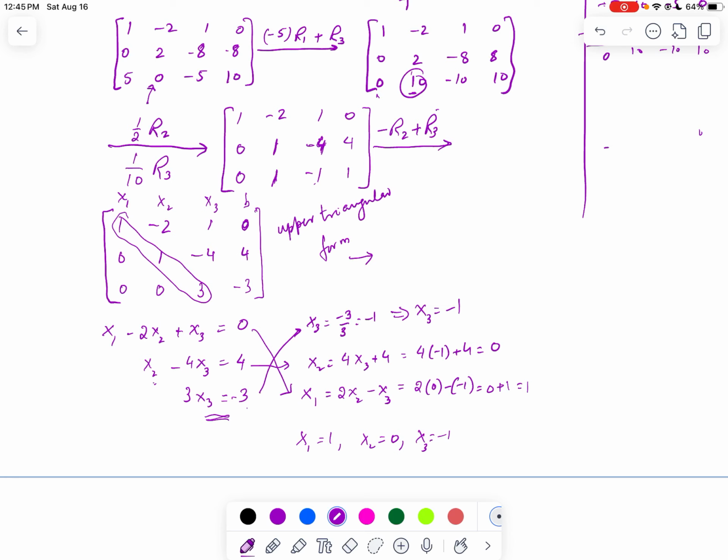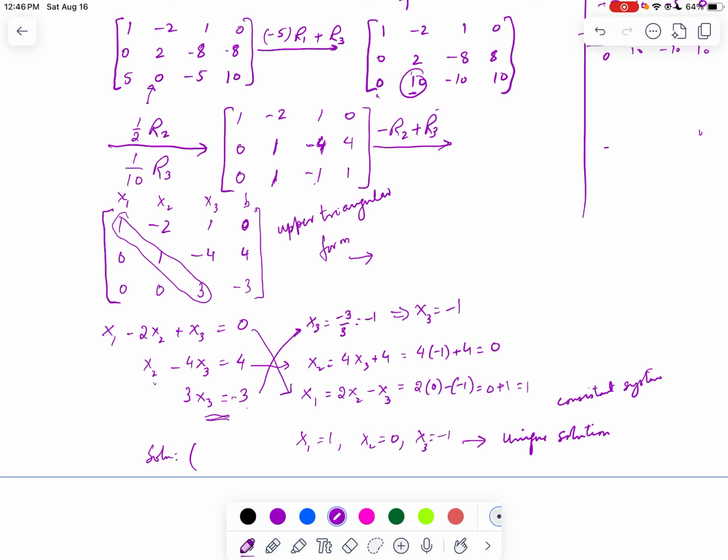And so each variable has only one value. This means we have a unique solution, or you can say exactly one solution. And then we have the system is consistent. So, a consistent system. And how do we write our solution?